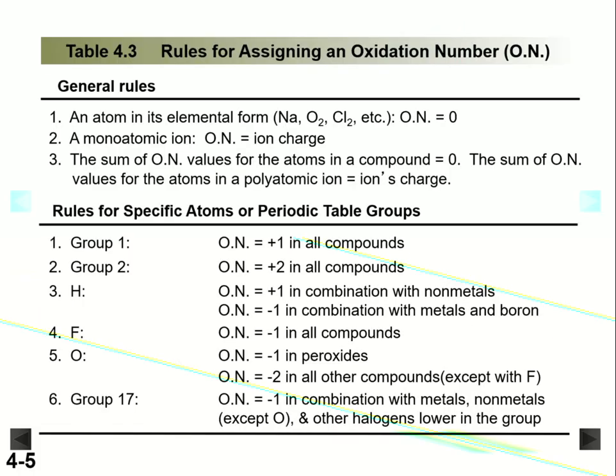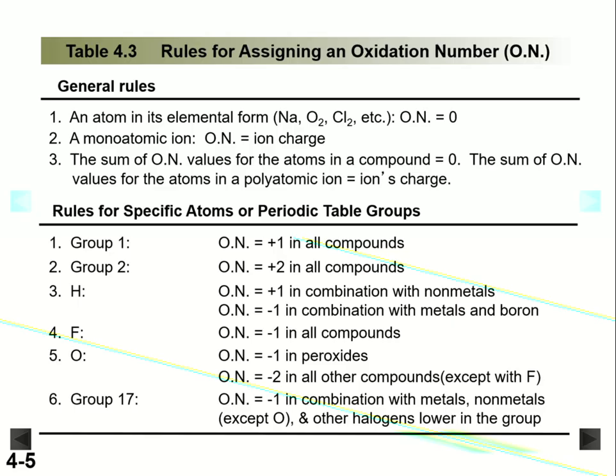In order to discern if we have a redox reaction occurring, we use basic rules where we assign what we call an oxidation number. What is an oxidation number? Well, it's really a bookkeeping tool.